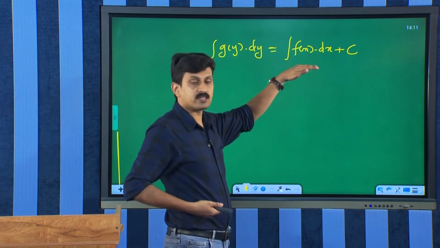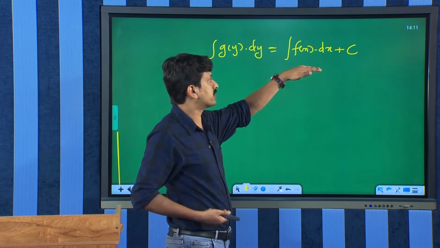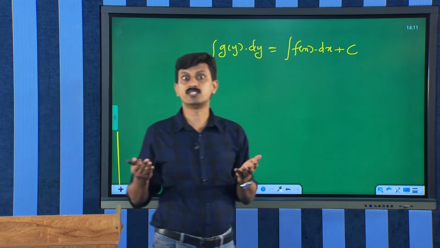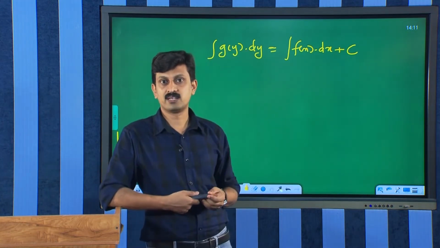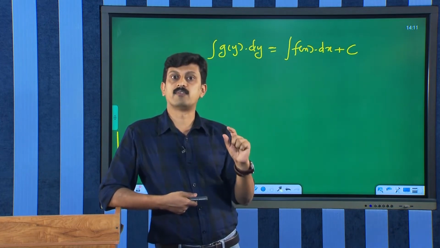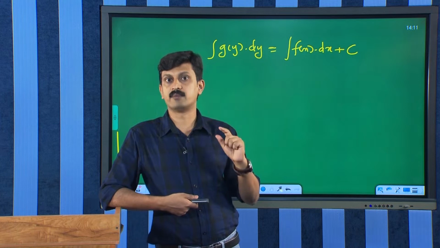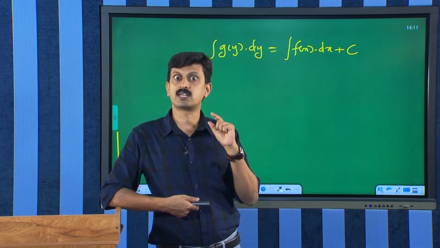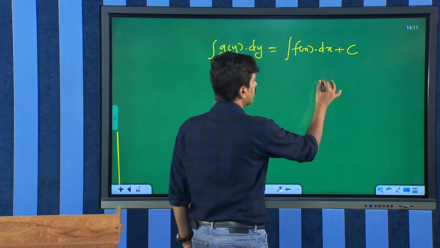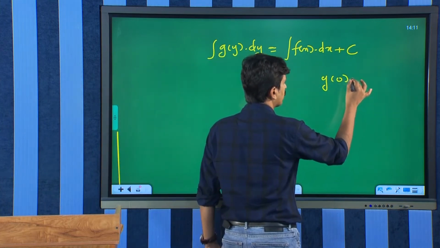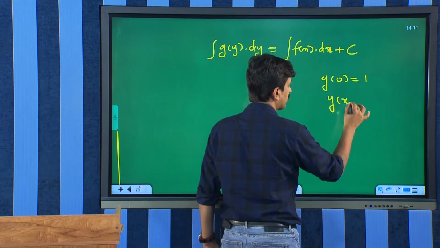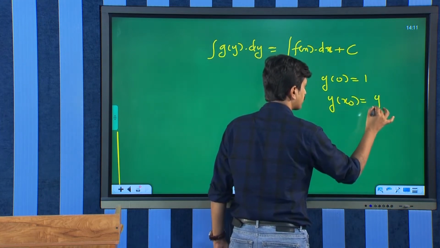Because of this arbitrary constant c, that solution is called a general solution. If we give particular values for c, we will have a particular solution. Sometimes an initial condition is given, like y of 0 equal to 1, or simply y of x naught equal to y naught.